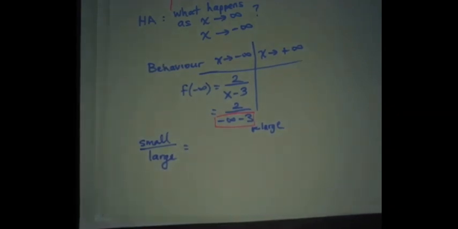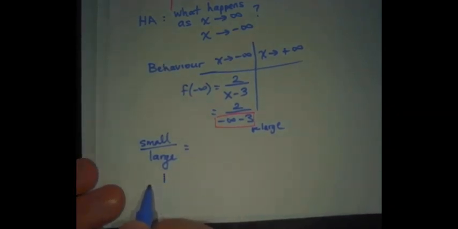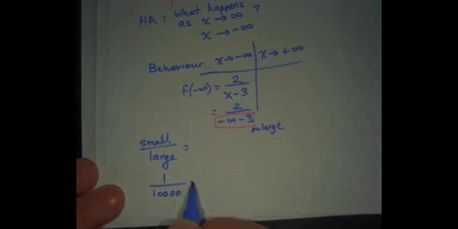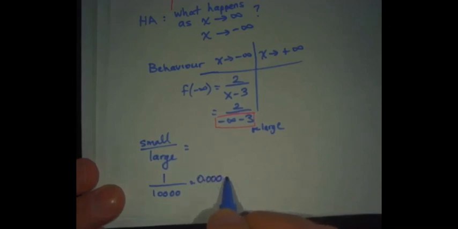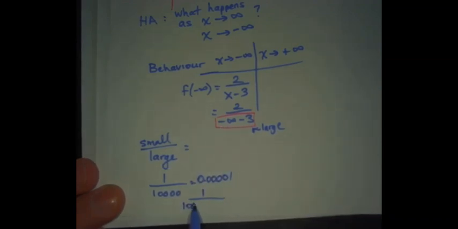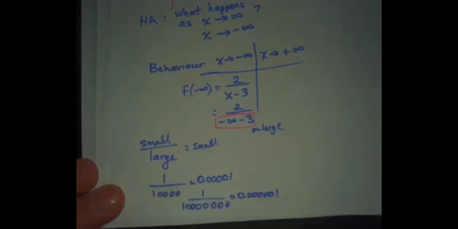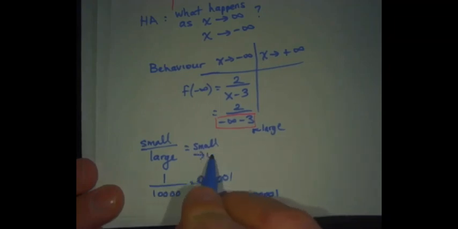What does that look like? If I said 1 over 10,000, well, that is 0.0001. But we could get bigger than that. Maybe it's 1 over 10 million. This becomes really, really tiny. It actually approaches 0.